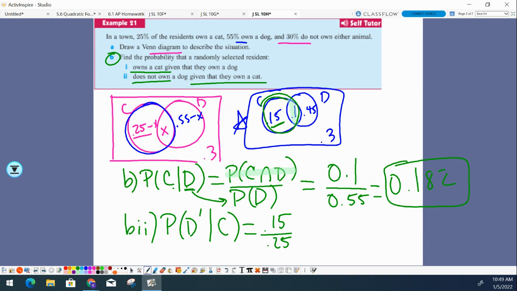So out of the ones who own a cat total, only 0.15 own just a cat. We can go through and use this formula and go through the whole thing, but what this does is it isolates where we don't even have to worry about this part here. So it just gives you another option, I guess.